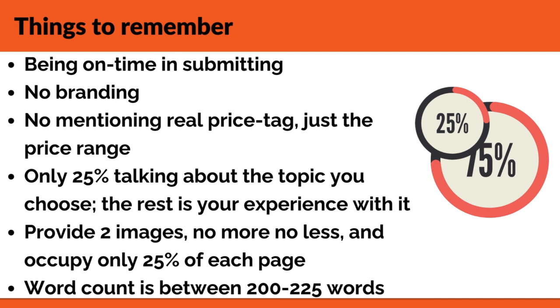Only 25% talking about the topic you choose, and the rest is your experience with it. 5. Provide 2 images, no more, no less, and occupy only 25% of each page. Last, word count is between 200 and 225 words.